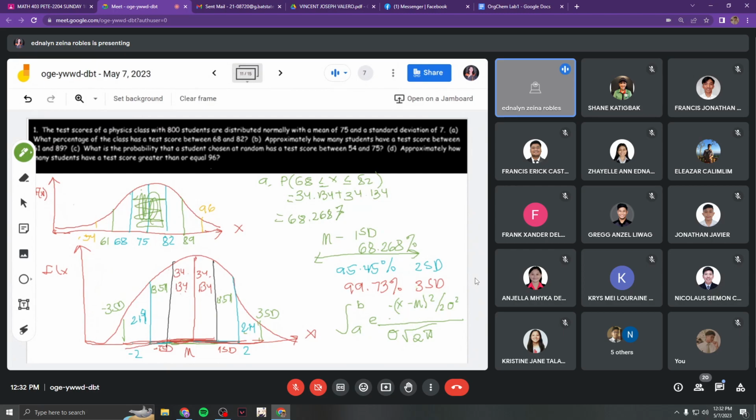So can you now substitute the values on this formula and let's check if it is equal to this? Can you check the answer if you input this on this formula?